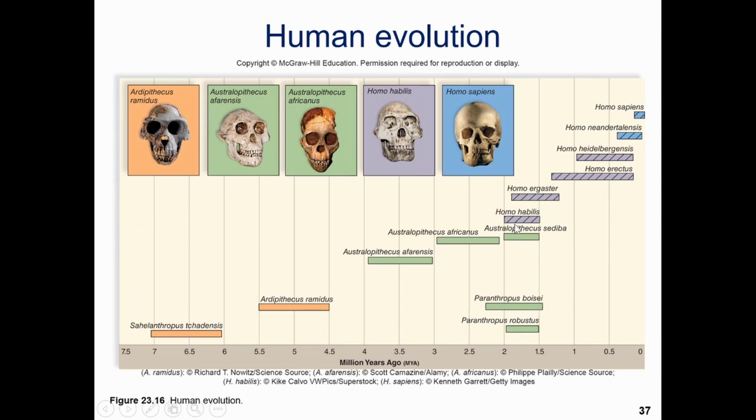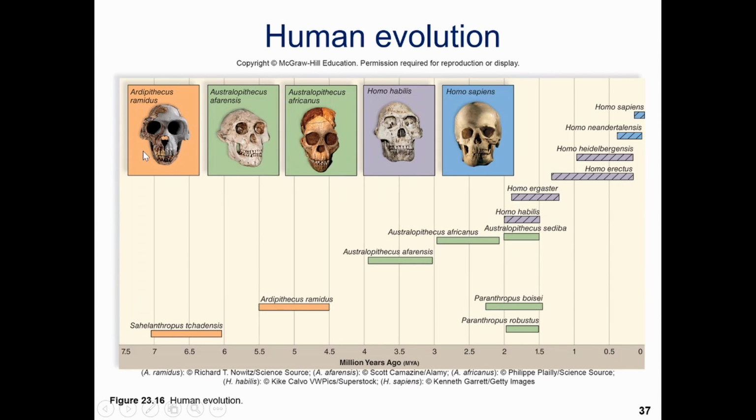And then finally we get into the Homo genus where we get Habilis, Ergaster, Erectus, and Heidelbergensis. And finally we introduce the Neanderthals before we get to our modern day selves, Homo sapiens. As we follow this time frame, we look at the skulls and we see that we are moving towards what looks like a modern day skull.